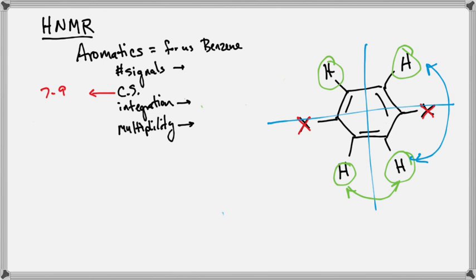What's the multiplicity? How many neighbors do you have? 0. They're all chemically identical. You get 0 neighbors, which means 1 peak. Kinda, sorta?